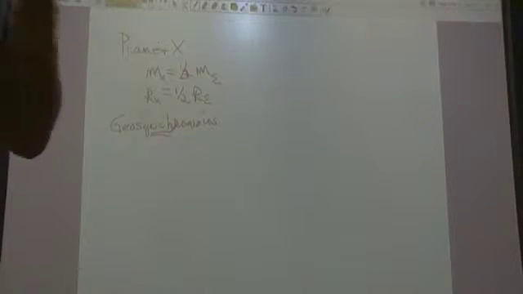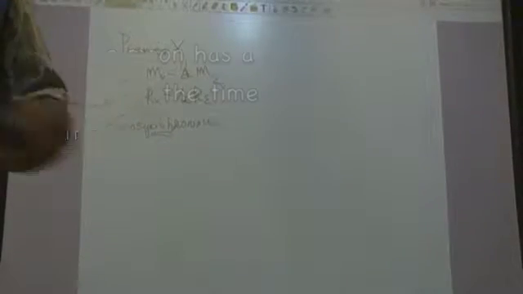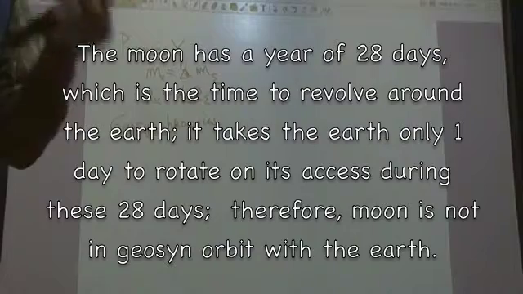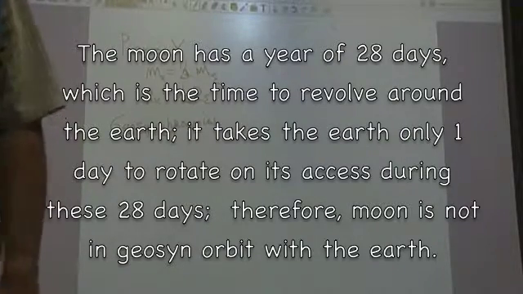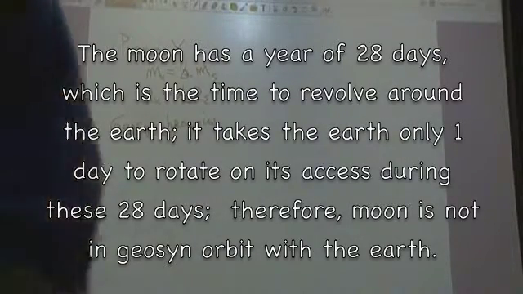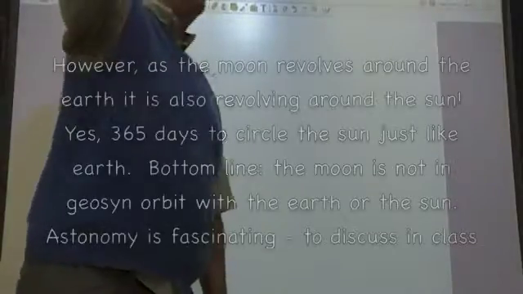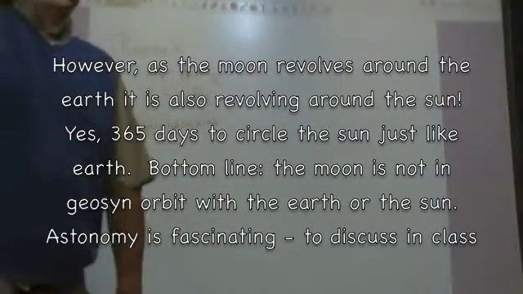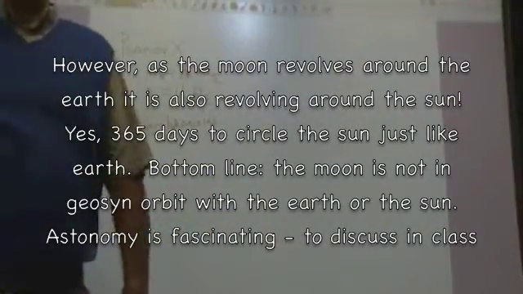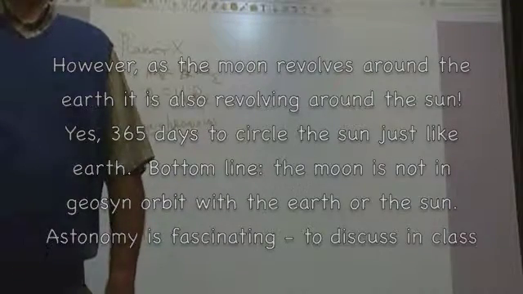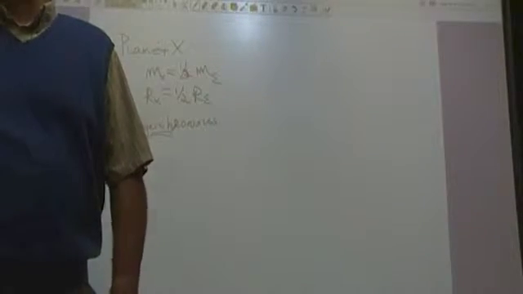It's like the moon? The moon is not, because its year is different than ours. If it was in geosync orbit, it would stay above Hawthorne and appear to not move. It would move with us. The moon definitely has a different year. A year on the moon is not 365 days.